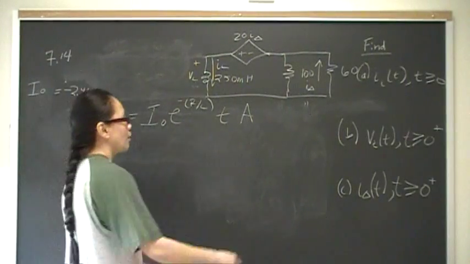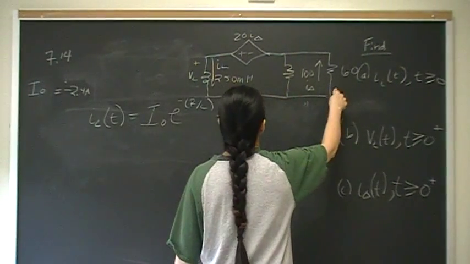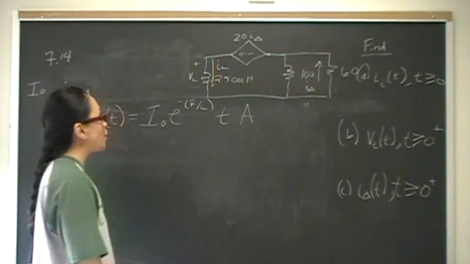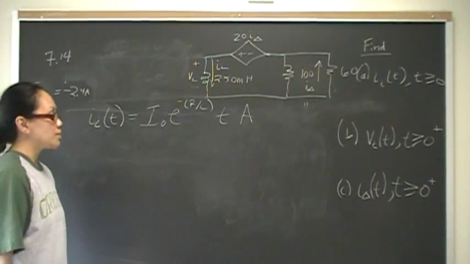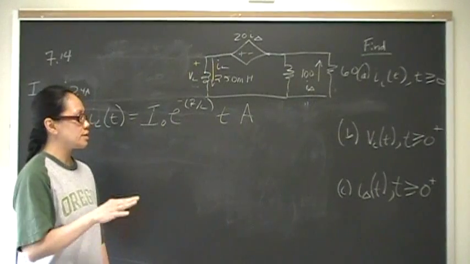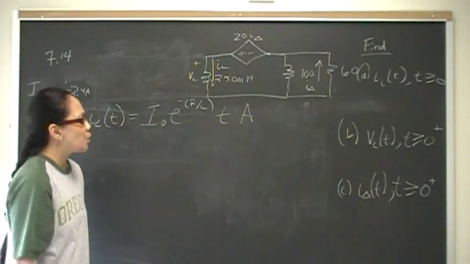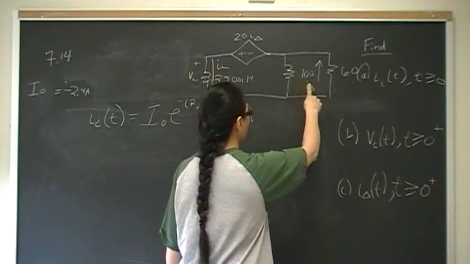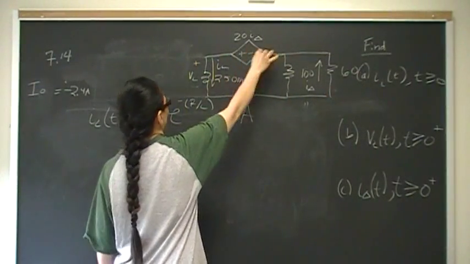Well, is it this R? Is it this R? As it turns out, the R is going to be the total resistance seen by the inductor. And we can't simply say it's going to be 100 in parallel with 60, because something is going on here.